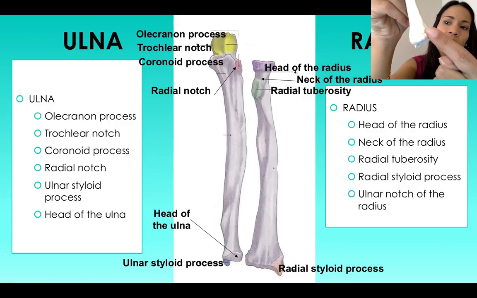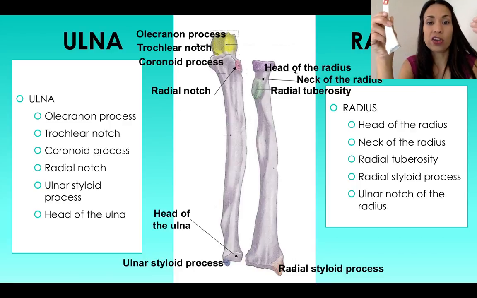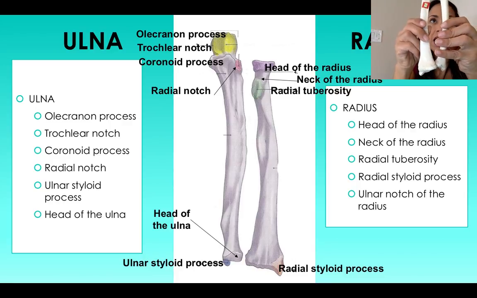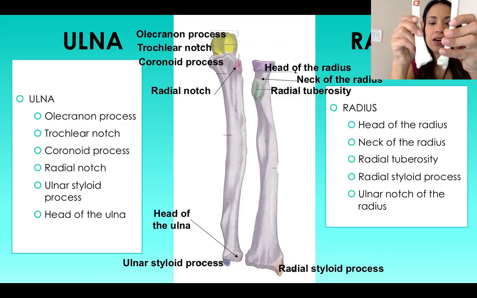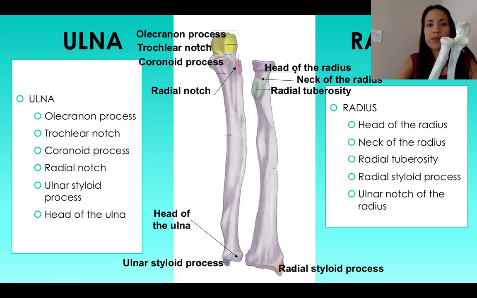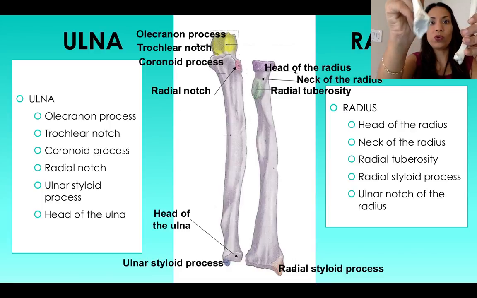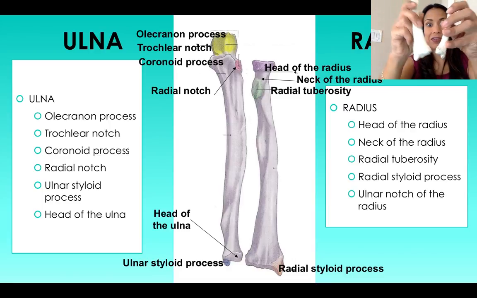Don't get confused, this can be a tongue twister: the ulnar notch of the radius articulates with the head of the ulna. So proximally, the head of the radius articulates with the radial notch of the ulna, and distally, the head of the ulna articulates with the ulnar notch of the radius.